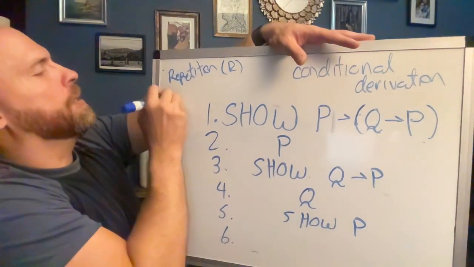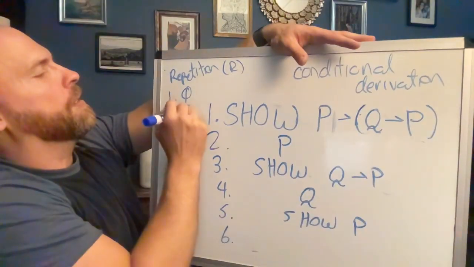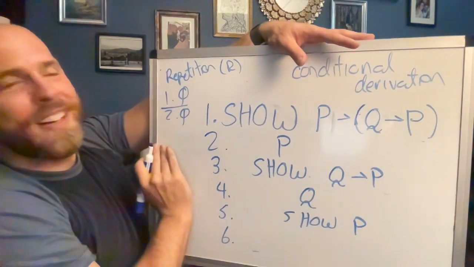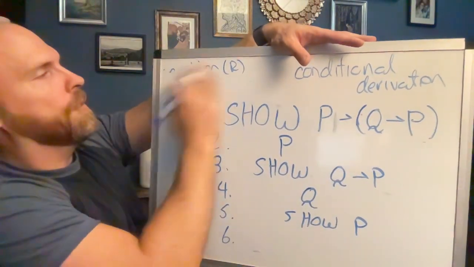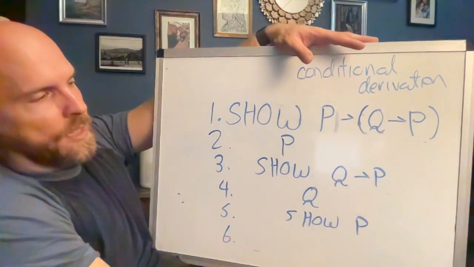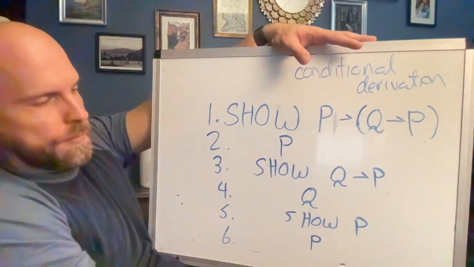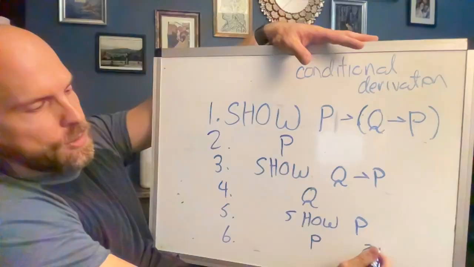R: from any phi, you can infer phi. From P, you can infer P. And we'll just cite that as 2R.